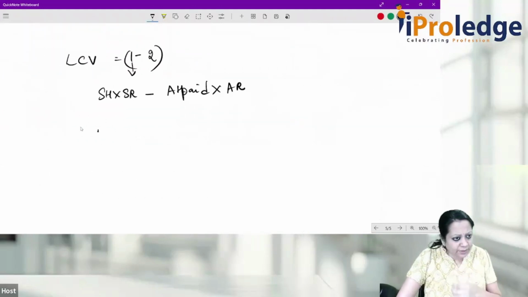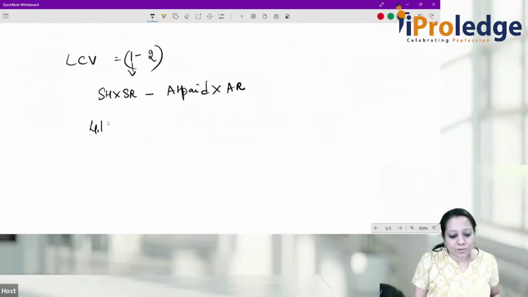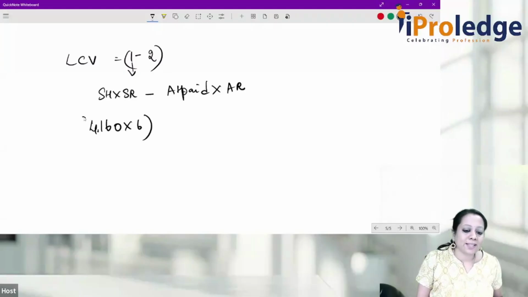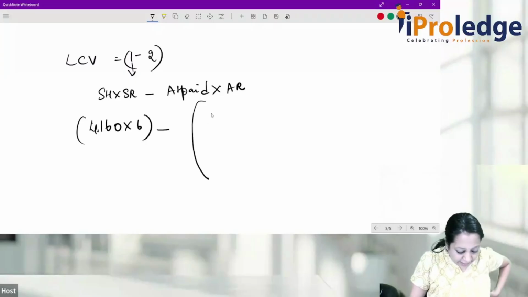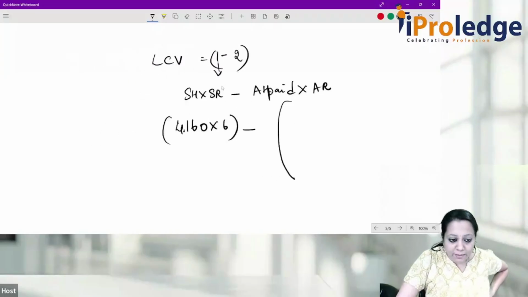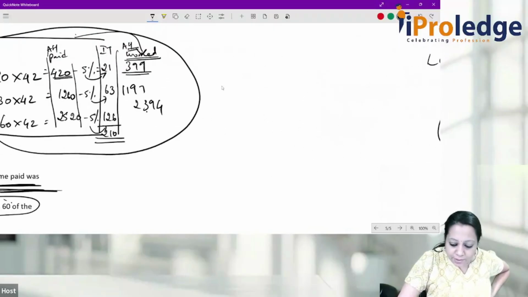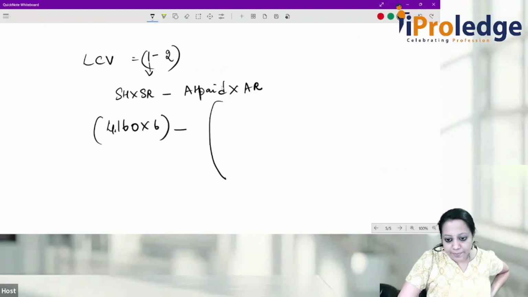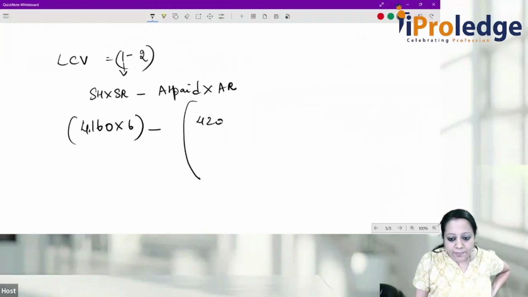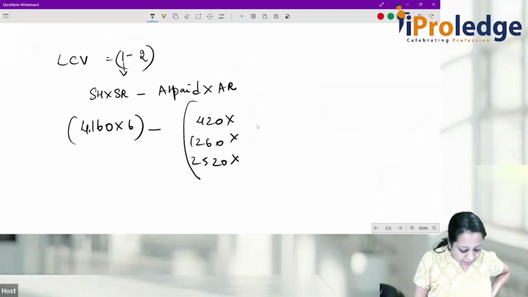Just for substitution's sake, I'm writing all this. AH paid will be 420, 1260, 2520, into AR. AR is going to be 6.2.